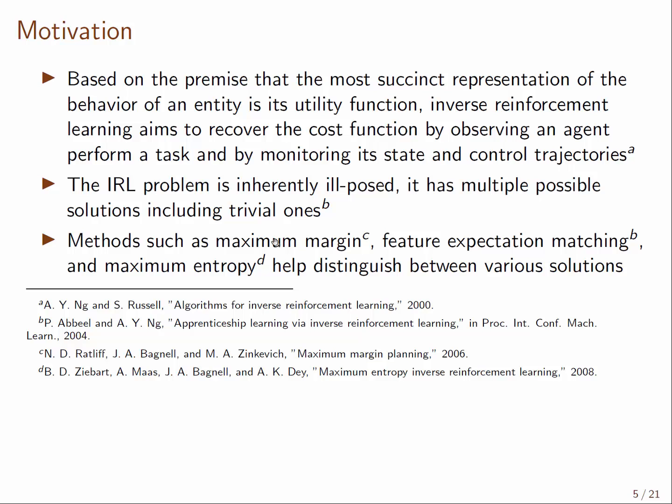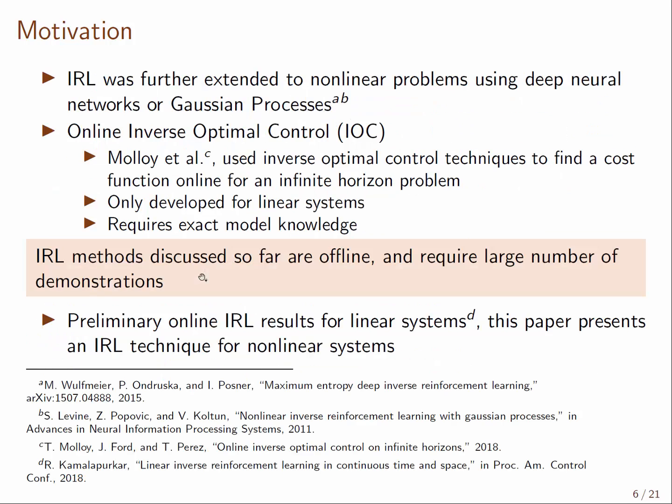Now, the inverse reinforcement learning problem is inherently ill-posed. It has multiple possible solutions, including trivial ones, and maximum margin, feature expectation matching, and maximum entropy methods have been proposed in the past to help distinguish between these multiple solutions.